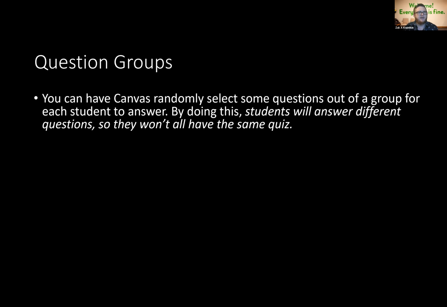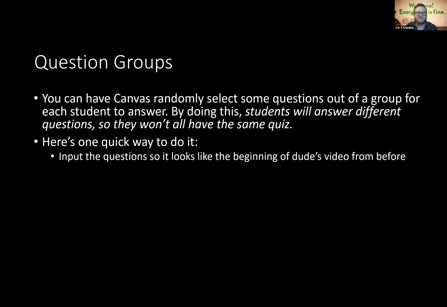Okay, so we looked at how you can randomize when your quiz questions come up, but you can also do this to make it so that Canvas randomly selects some questions out of a group without choosing all of them. So if you do this, then students will answer different questions, so they won't all necessarily have the same quiz. You can do it in a very quick way using the same stuff from that video.